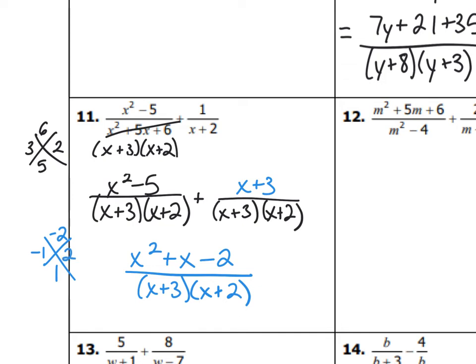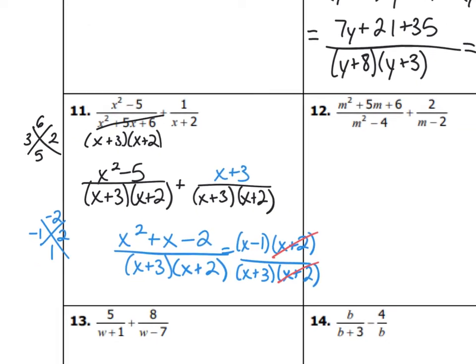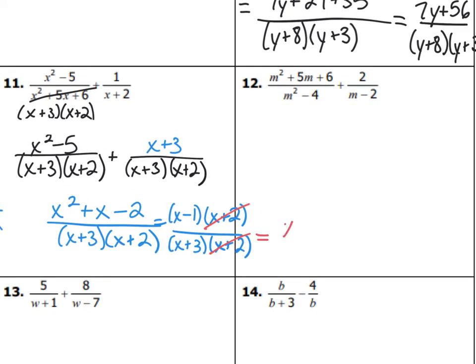Good. So on top, what I have is x minus 1, x plus 2, over x plus 3 times x plus 2. What's going to happen here? Cancel out the x plus 2's. Good. And what do we have left? Just x minus 1 over x plus 3. Good. Questions on that?